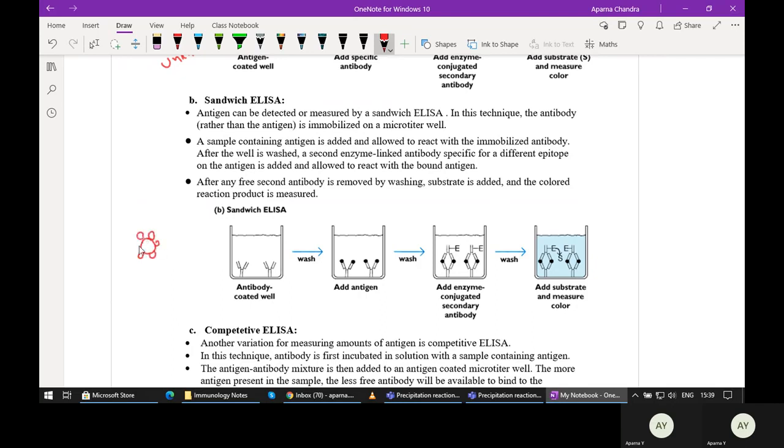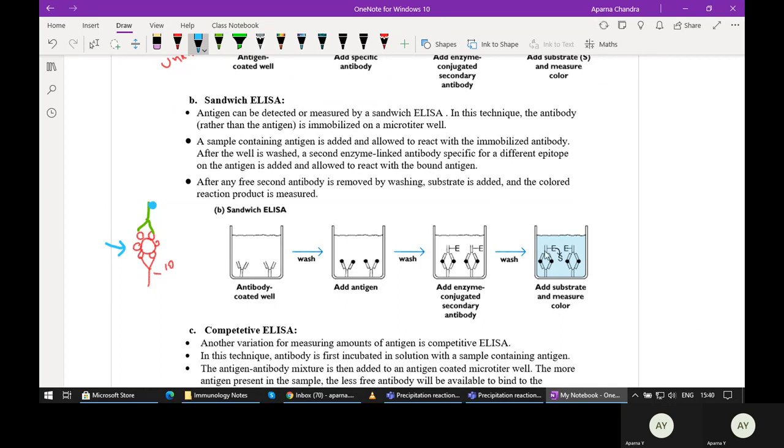That's the reason why, when you have added a primary antibody, the primary antibody has bound the antigen like this. And when you have added a secondary antibody, the secondary antibody should have the epitopes to bind to it. But it is tagged here with an enzyme molecule. Okay. So because it is a sandwich, you call it a sandwich ELISA.